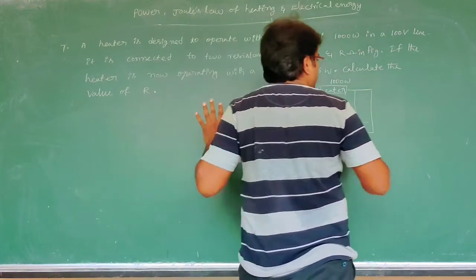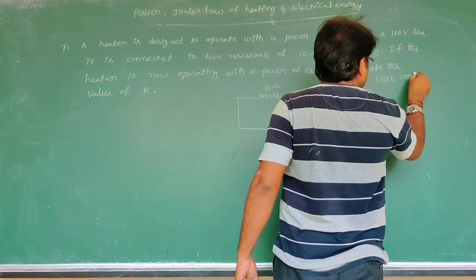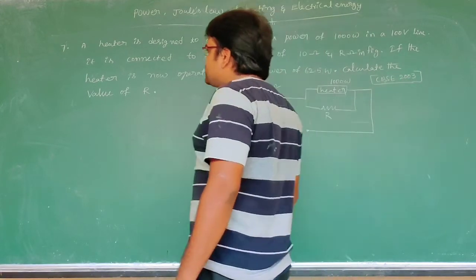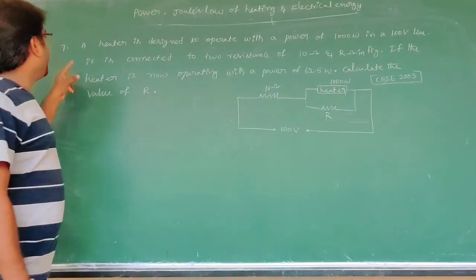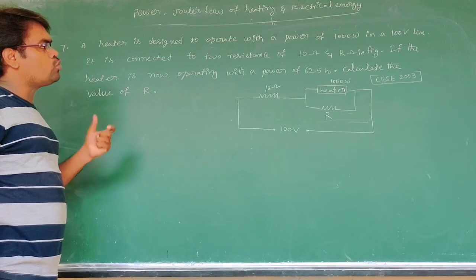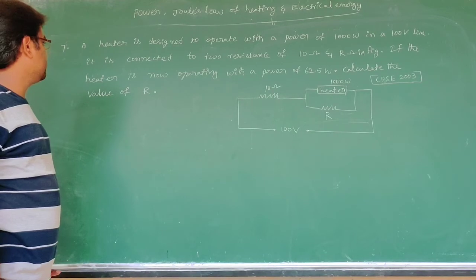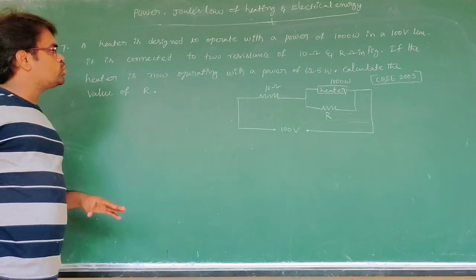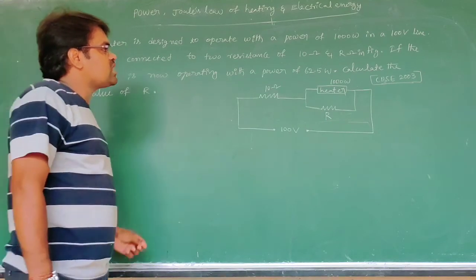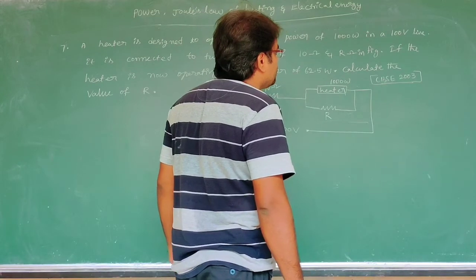That we are going to the seventh problem. It is very important for CBSE 2003 also. This is also from the 2003 paper, one set. Now, a heater is designed to operate with a power of 1000 watts on a 100 volt line. It is connected to a resistance of 10 ohms and R in the figure.